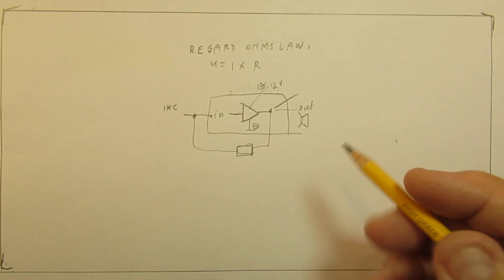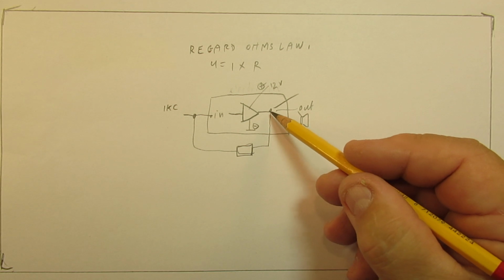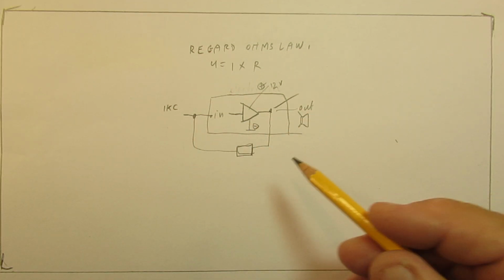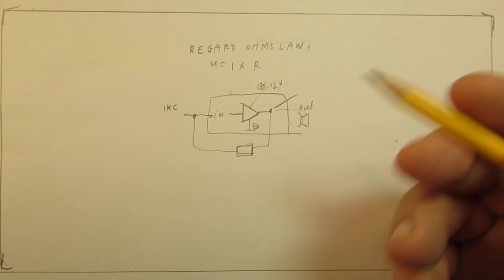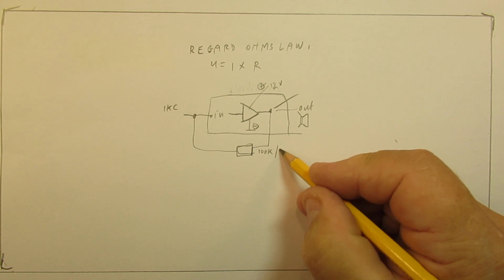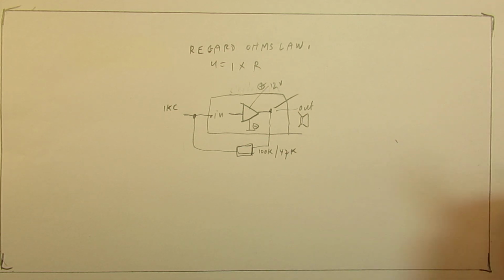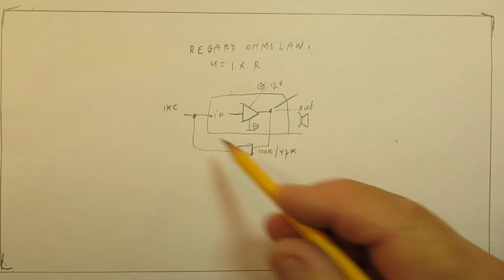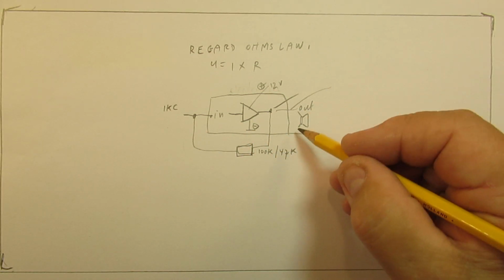At first we have to do with Ohm's law, the current that can flow in such a circuit can be far too high. So when you do such an experiment, take for instance 100k or 47k, a good value, and then study the effects. You can do that of course with the scope.